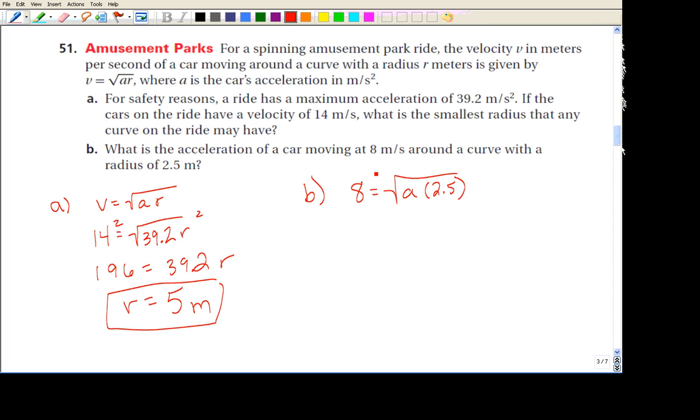Again, we want to square both sides. So we get 64 equals 2.5 times a. The square root canceled with the square. Divide both sides by 2.5 and we get a equals 25.6 meters per second squared.